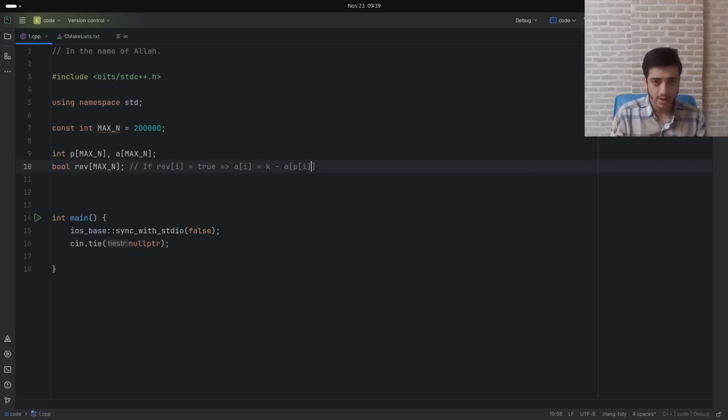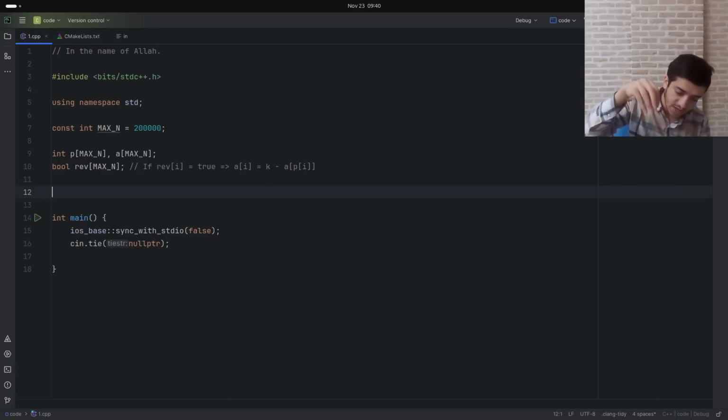So it's like this. Actually it's a bit complicated DSU thing. So the DSU thing is a bit hard, not the whole problem.